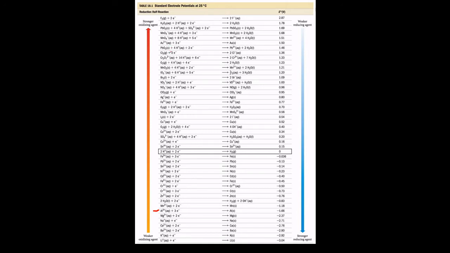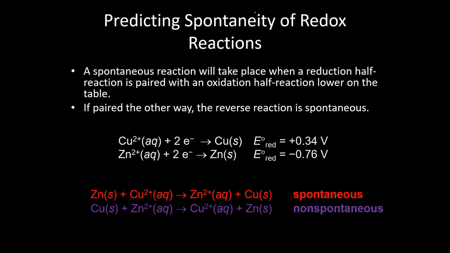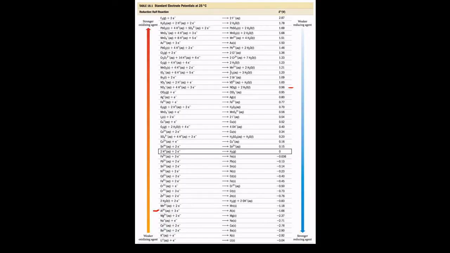And if I remember correctly, it's somewhere in here. Oh, there it is. Nitrate, 4 H+, going to nitrogen monoxide. And so there is our standard reduction potential for our cathode.